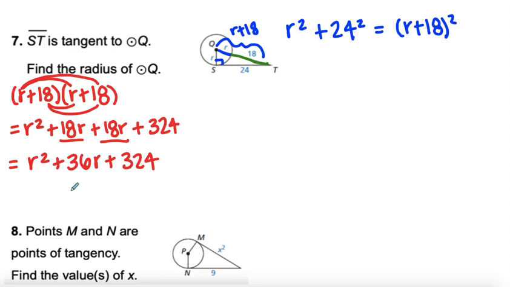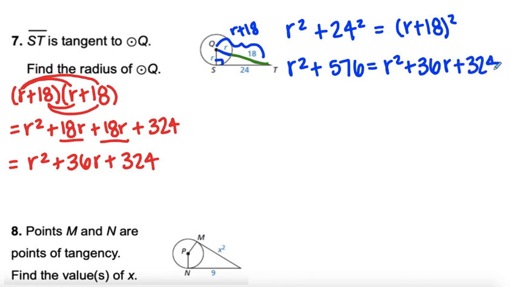So now I'm going to go ahead and plug this into my right-hand side of the equation. And so I have R squared plus 24 squared, which is 576, is equal to R squared plus 36R plus 324.